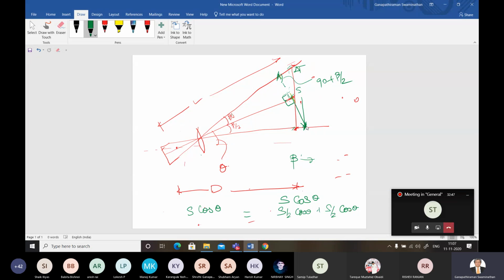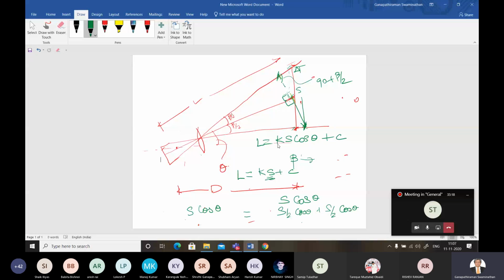What is L? L is equal to Ks plus C. Here S is equal to S cos theta. So L is equal to Ks cos theta plus C, because the S component is S cos theta.